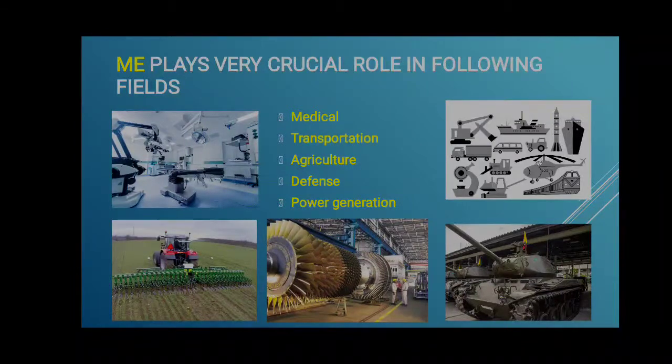There are a lot of mechanical machines used for medical treatment and medical diagnosis. By that, lives can be saved very effectively. You can correctly identify the diseases, give the proper medication, and save lives. These are very helpful in the medical field.